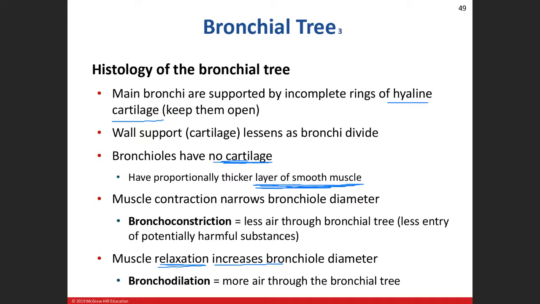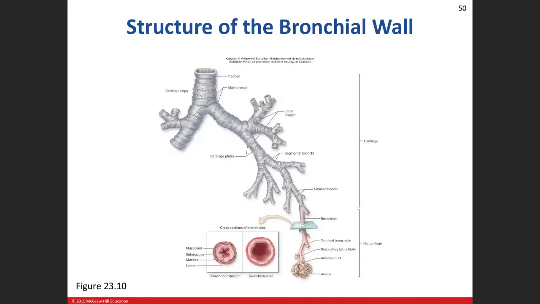When we get bronchodilation, we can move more air into the respiratory bronchioles. Here's a great picture that illustrates that. You can see here's the trachea. We get down into the primary bronchi, then they divide into the secondary, the lobar, and then they'll branch again into the segmental.